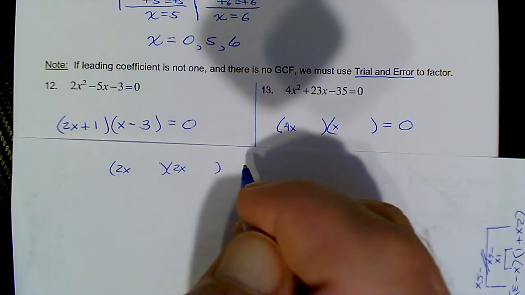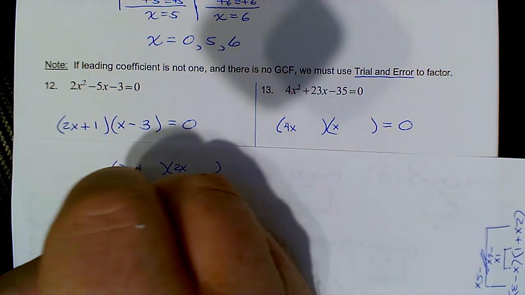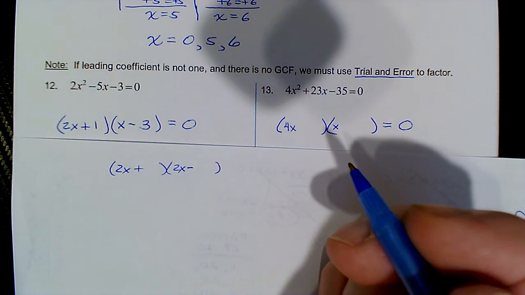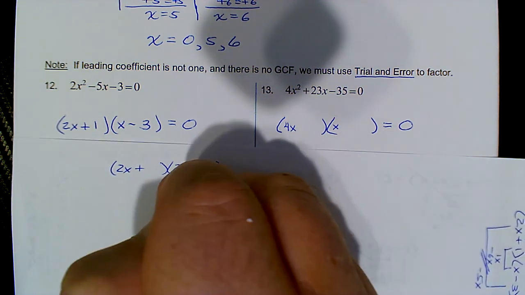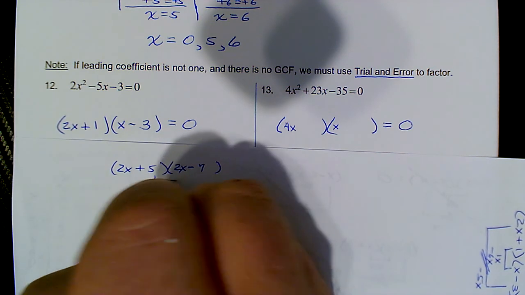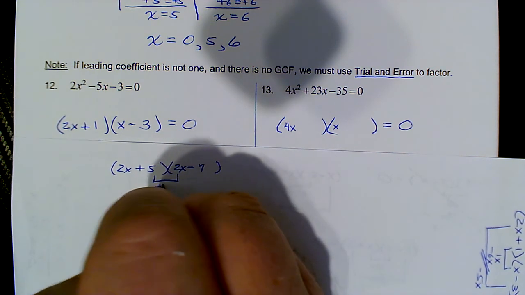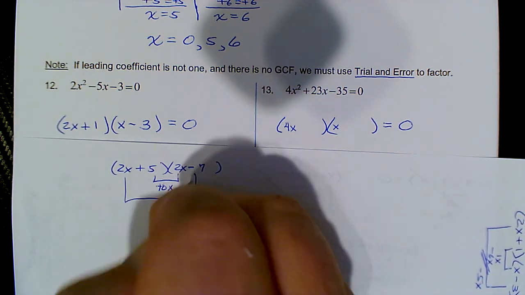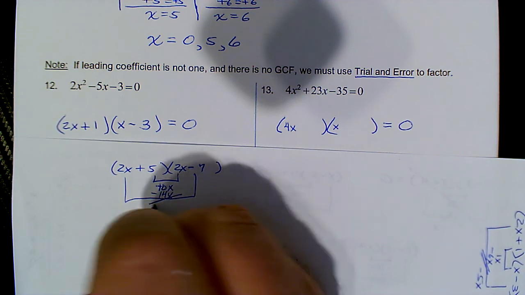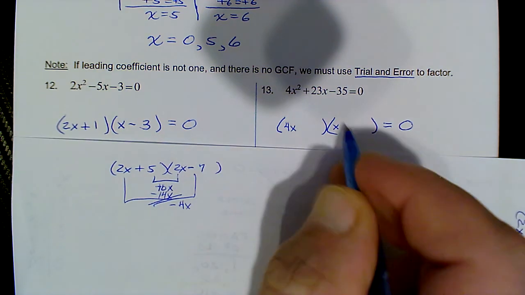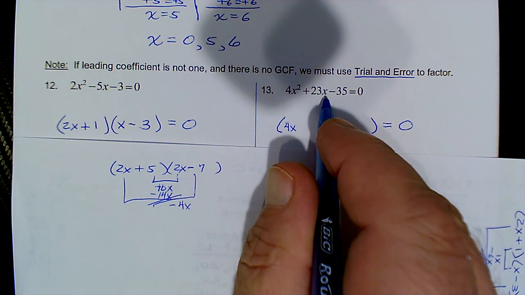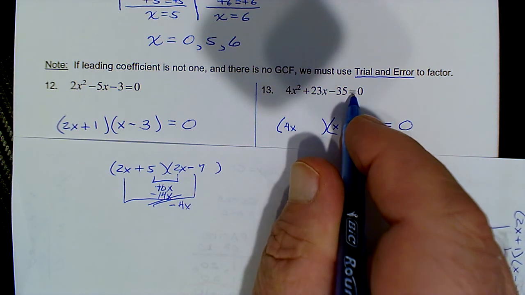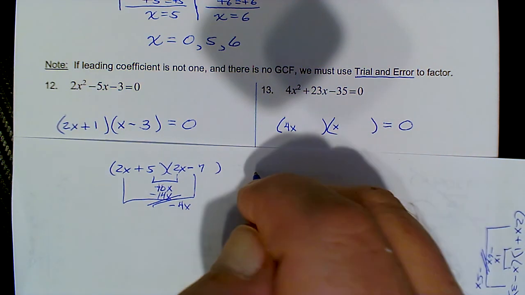we know the signs are going to be opposite, positive and negative. Probably going with a 7 and a 5. And we get positive 10x and negative 14x. Nowhere close to the 23x we're looking for. And then the only other factors of 35 are 1 and 35.